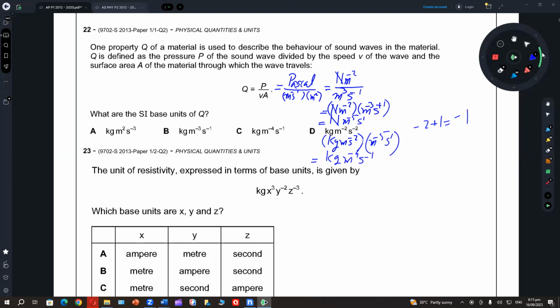So look at the working and tell me with question number 22. 22 answer.